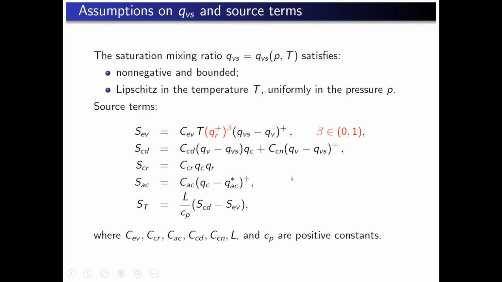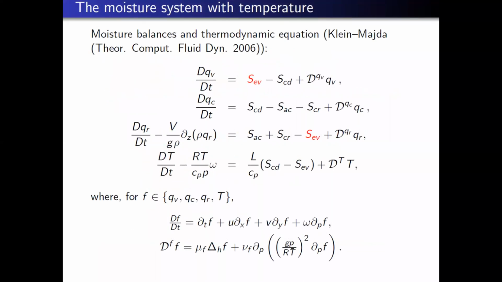And now, what are the equations that we have here? So this is the transport of the vapor with the sources that I mentioned. This is the evaporating part, this is the condensing part, and this is a diffusion. The diffusion here is given by this operator.